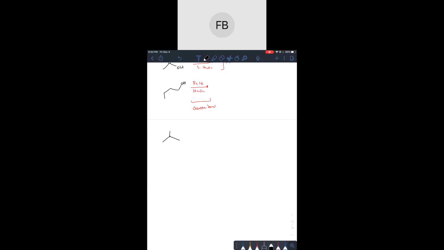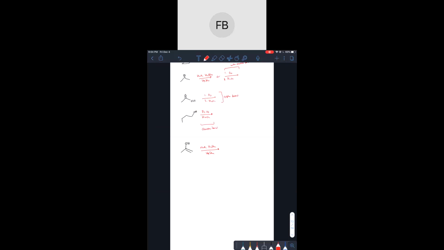Let's see if we saw this. What would this be? What's the reaction that this came from? This is an OH with a double bond, so it must have been H2O, H2SO4, HgSO4.